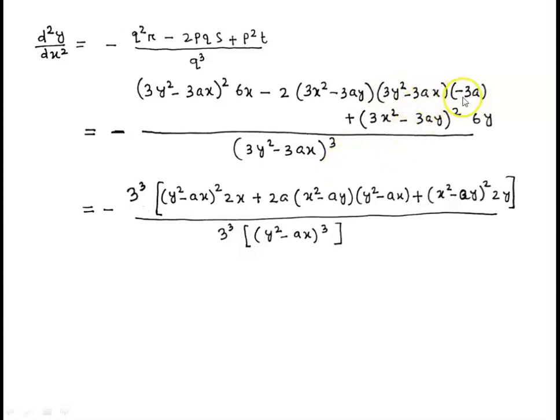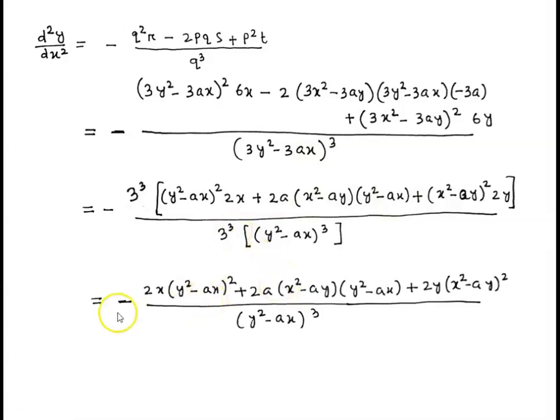So 3 raised to the power of 3 can be taken common from the second term also. In the third term, we have 3 square inside the bracket, and from 6 we can take 3. So 3 raised to the power of 3 is taken common here as well.